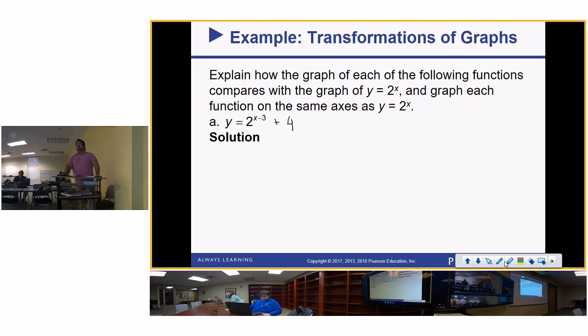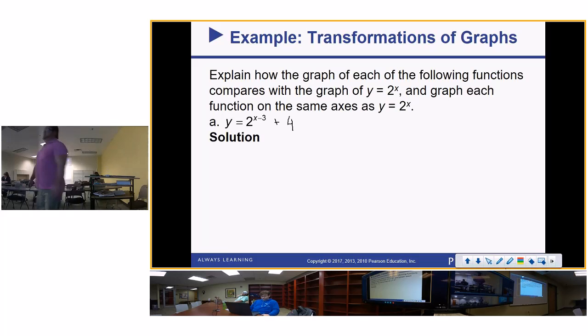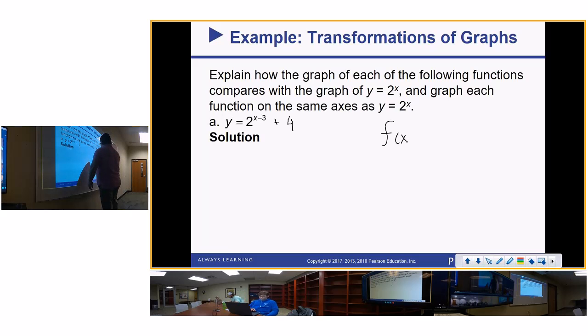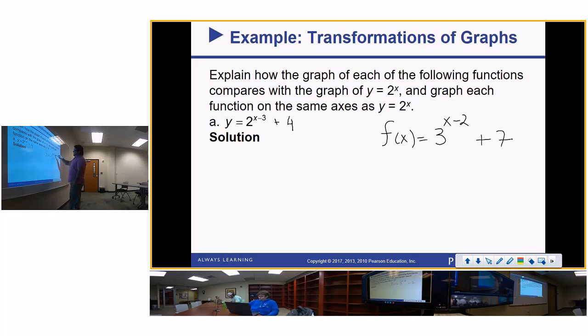So remember, the things that you learned in Unit 1 and Unit 2, you're still applying. If you have a function, and that function is an exponent, f of x is equal to 3 to the x minus 2 plus 7. This is the actual function.